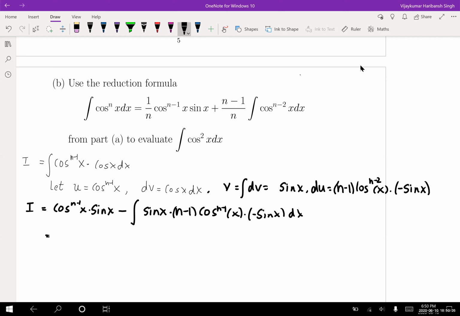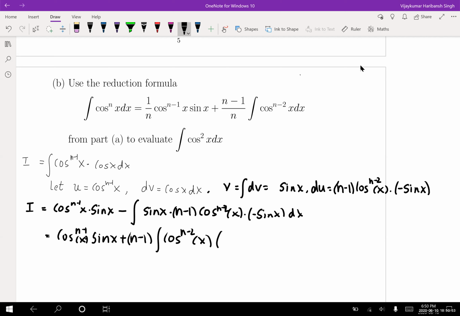So this will become cos to the power n minus 1 x times sine x minus sine x times sine x. So let's take constants out. So we have plus n minus 1 integral of cos to the power n minus 2 x times sine square x, right?